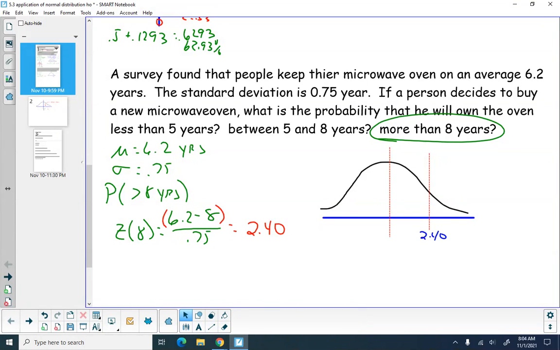Find your Z value or your table value for 2.40. Okay, then what we have to do to be greater than that, so you're looking at the area on the outside over here. You're looking for that area here, because this would be your greater than.